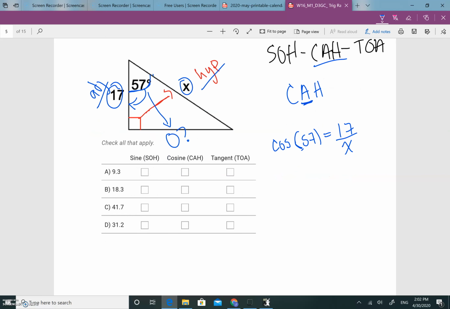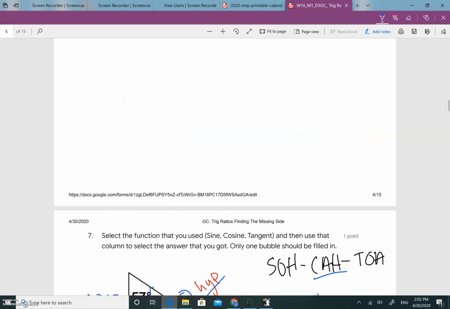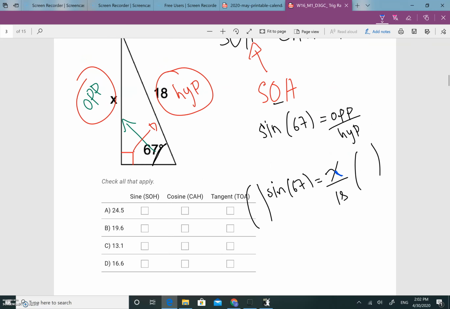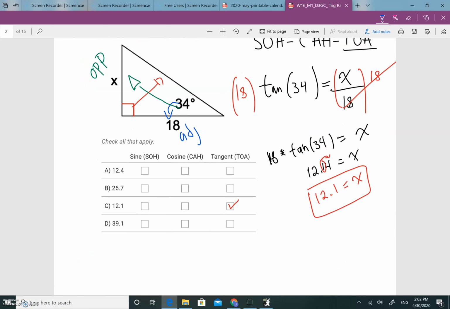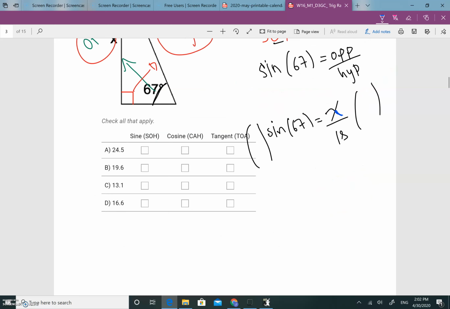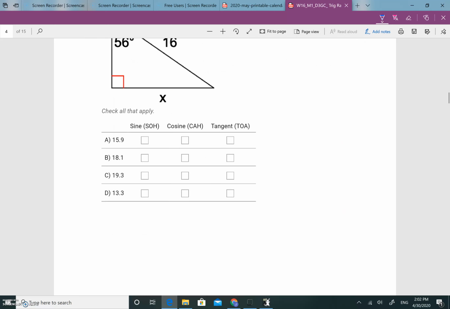And now this is actually going to be a little bit different, but you do the same steps. So what do we need to multiply both sides by? Well, looking at my previous examples, I multiplied by the denominator, right? The denominator was 18, so I would have to multiply by 18.